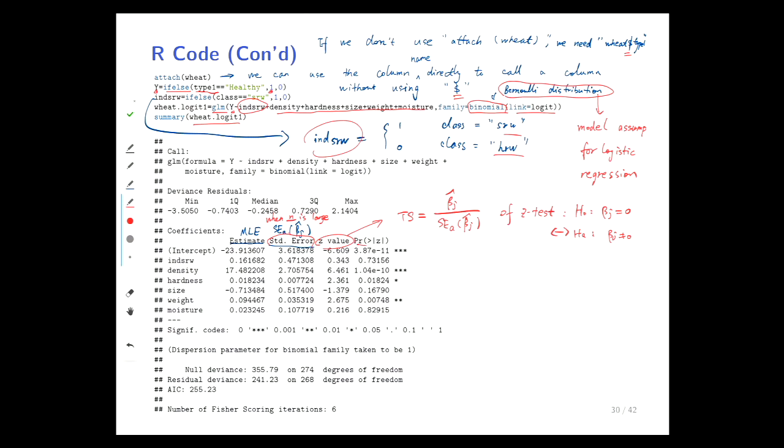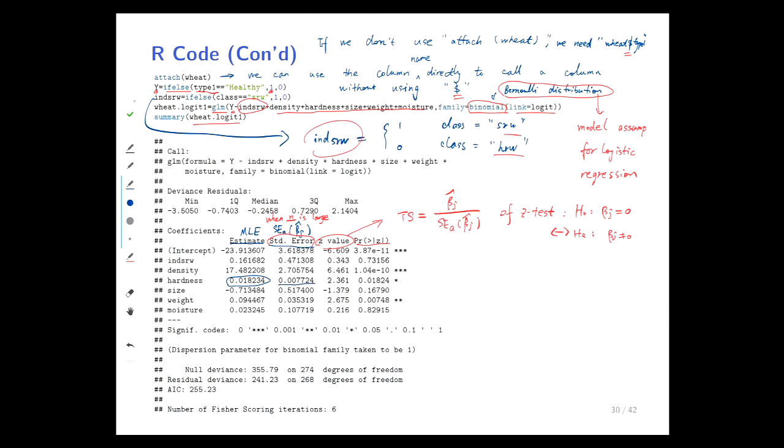And then we have the corresponding p-value. So based on this, we can have a look. Firstly, we have the estimation of hardness, the coefficient of hardness, and its corresponding standard error.